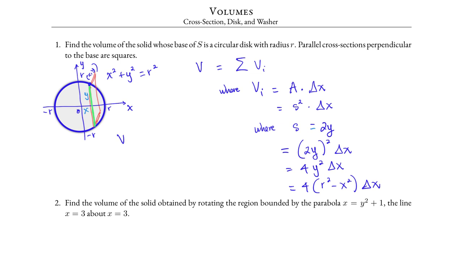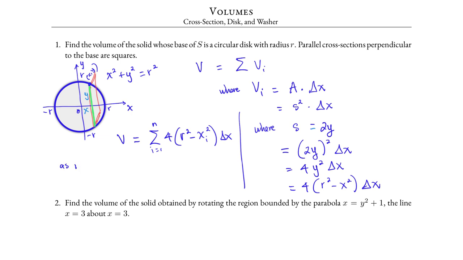The volume of the entire solid is approximately the sum of the volumes of these representative slices. As i goes from 1 to n, each of the cross sections has a volume of 4 times r squared minus x_i squared times delta x, where r is fixed and x varies depending on where we slice or where we obtain the cross sections.